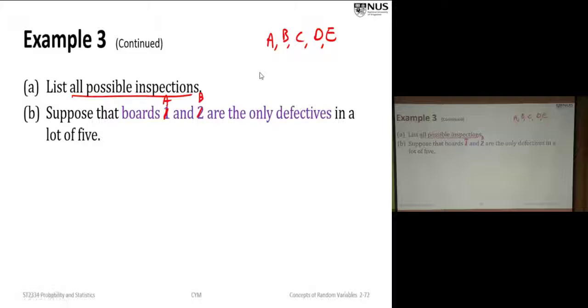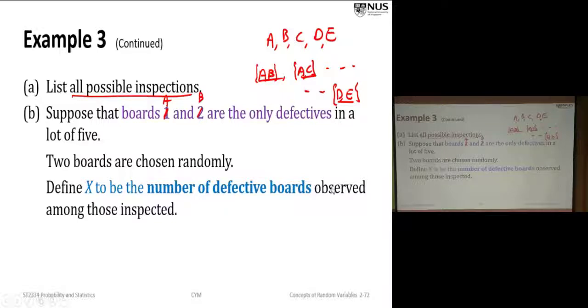So one way is A, B. The order is not important. Or A, C. Or the last one is D, E. So these are the possible ways of selecting 2 out of these 5. In my notes, I use 1, 2, 3, 4, 5. All right.